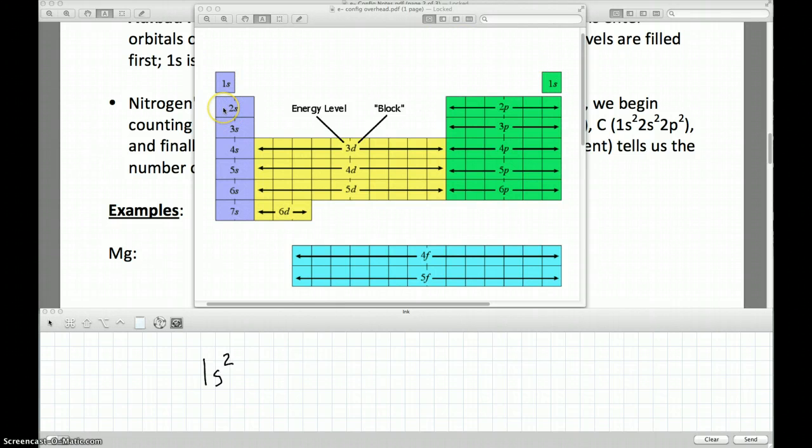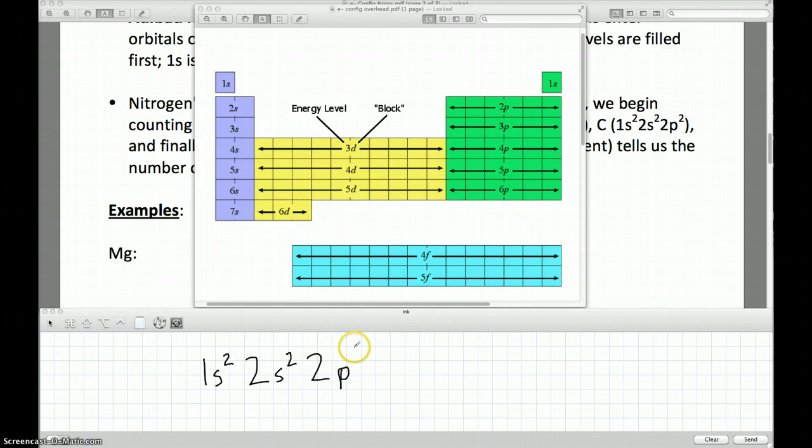The code here for that second row is 2s. So that's the next thing in my electron configuration, 2s. And we count how many 2s boxes there are. 1, 2. So again, I put a little 2 up here. I'm done there. I go straight across. The next code I get to is 2p. And I count how many boxes there are. 1, 2, 3, 4, 5, 6.